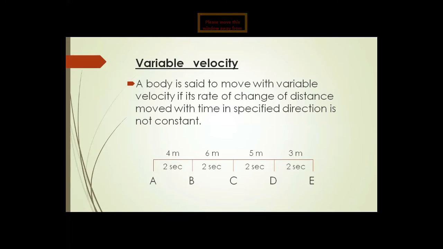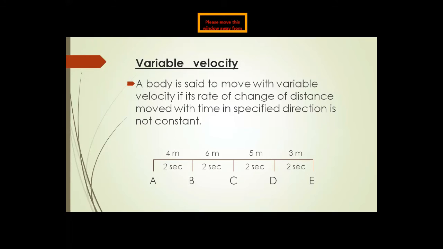Let's suppose a fan is moving. For the motion of the fan, the speed and the time are equal, but at every point the direction changes. So that's why it is variable velocity.